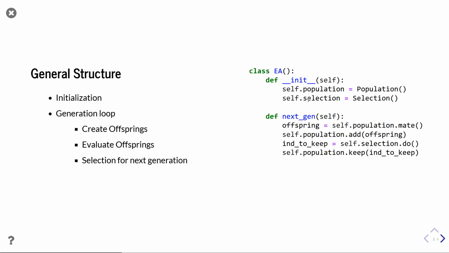All of these things can be done with the help of this population class. We also initialize the selection operator. Now, as I said, there are many evolutionary algorithms, and many of them might use the same way to create new offsprings, or, depending upon the problem formulation, they will use the same way to evaluate these offsprings.